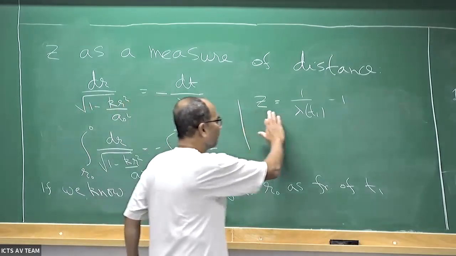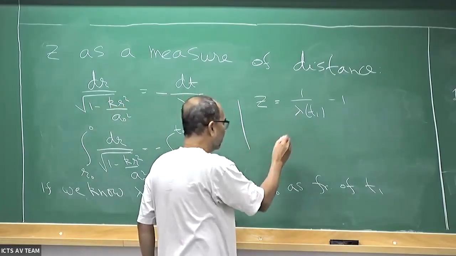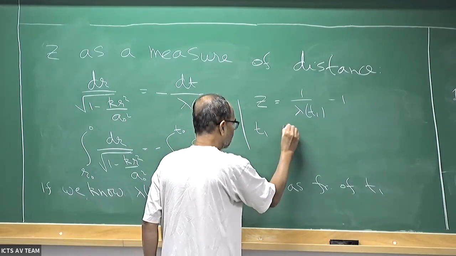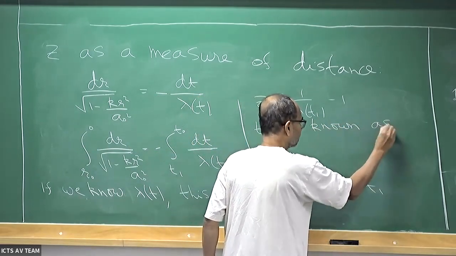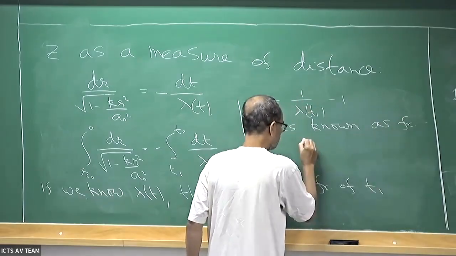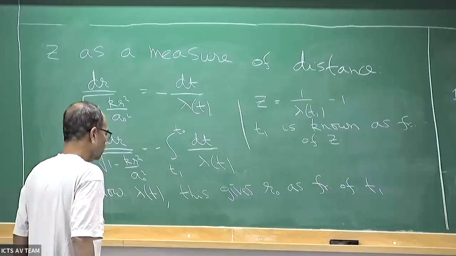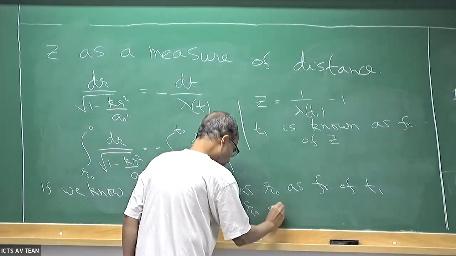So we also have Z equal to 1 over lambda T1 minus 1. If you know the function lambda t, then T1 is known as a function of Z. So this gives you R naught as a function of Z.